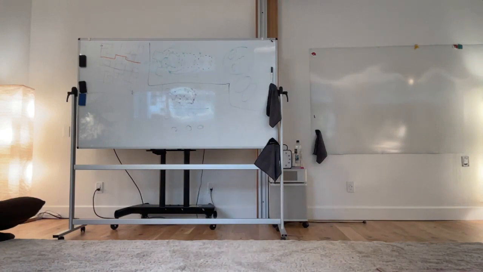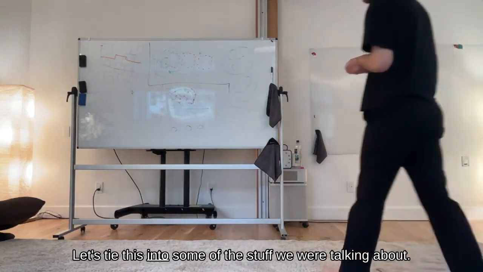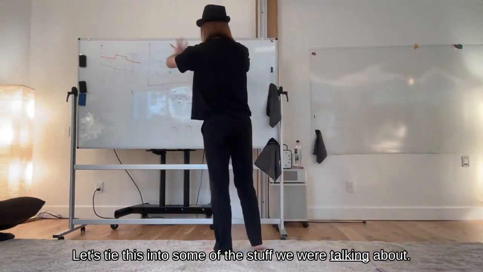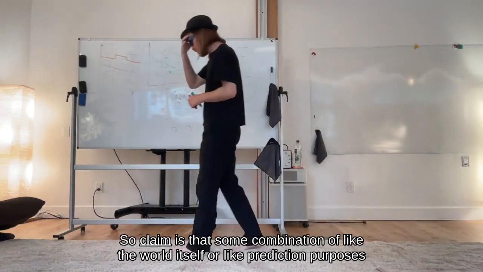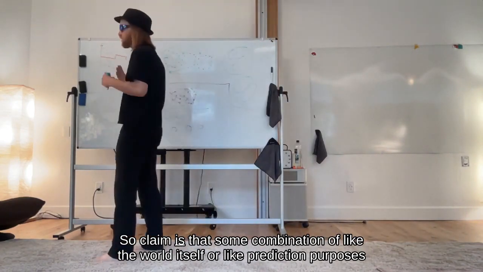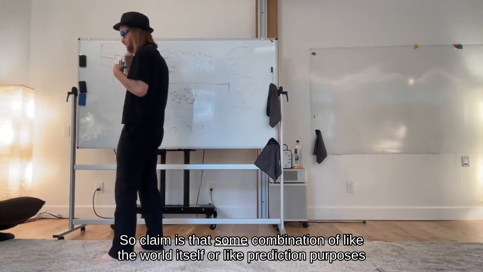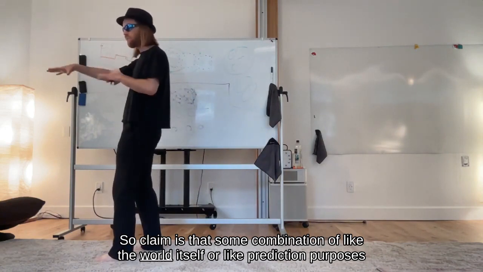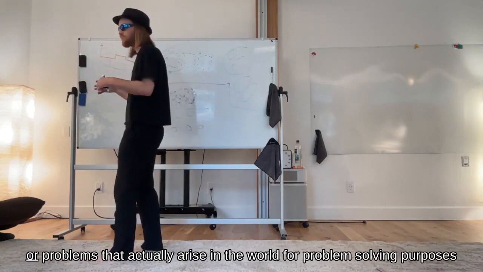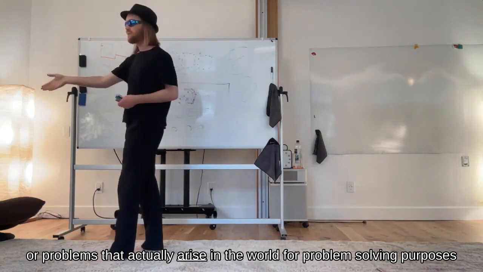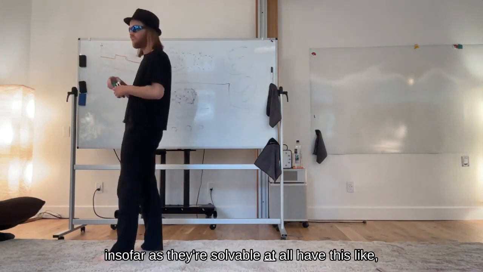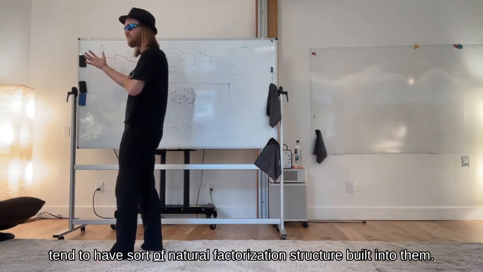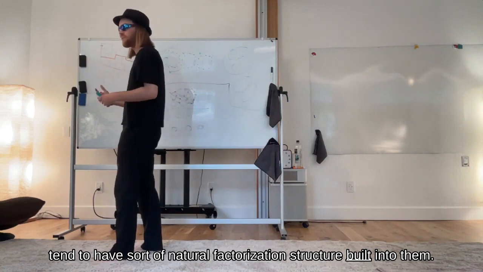Okay, let's tie this into some of the stuff we were talking about. The claim is that some combination of the world itself, for prediction purposes, or problems that naturally arise in the world, for problem solving purposes, insofar as they're solvable at all, tend to have a natural factorization structure built into them.